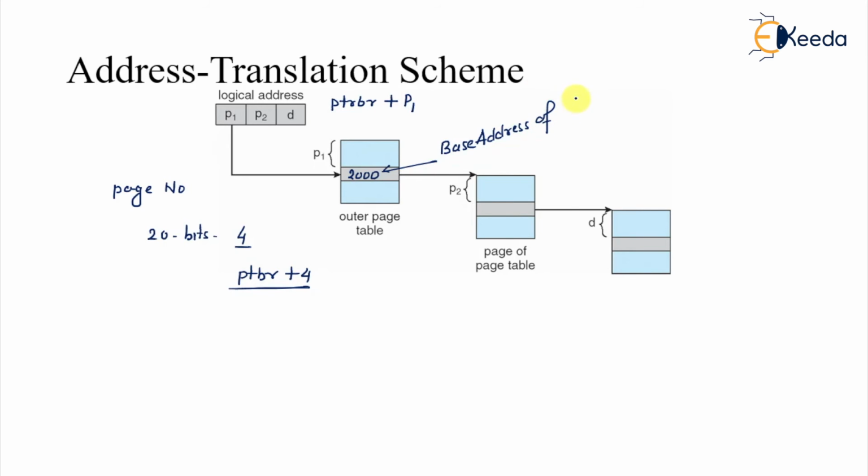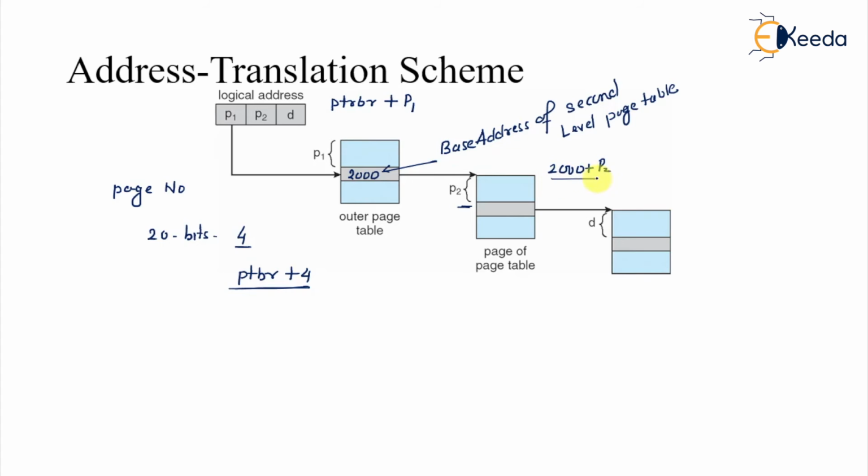of the second level page table. Now P2 will become the displacement, so this will become 2000 plus P2.